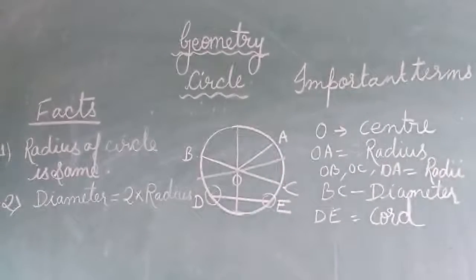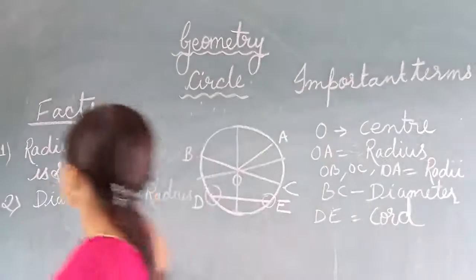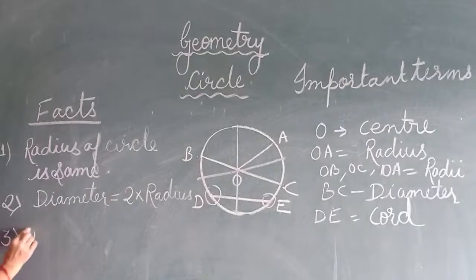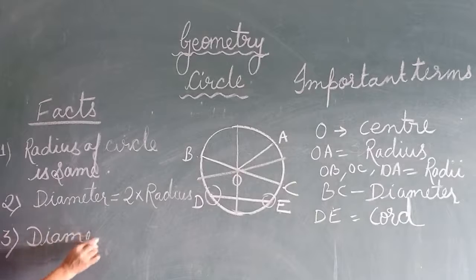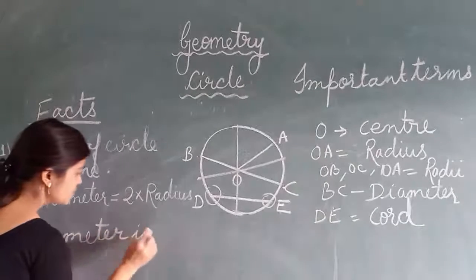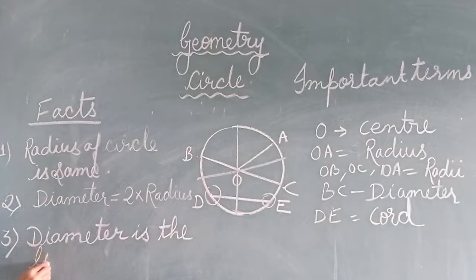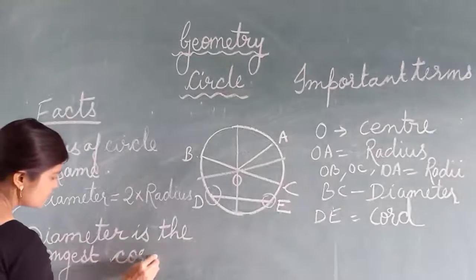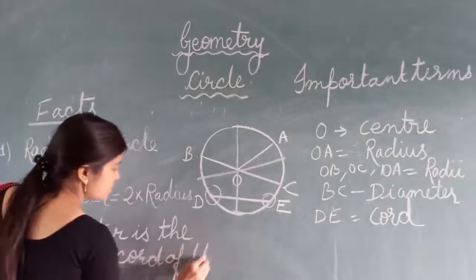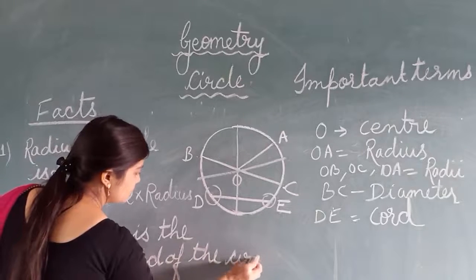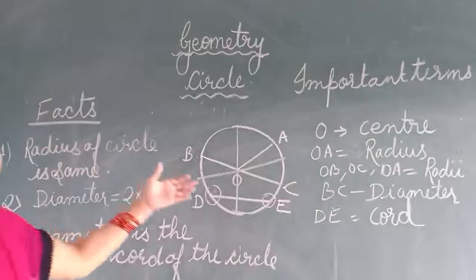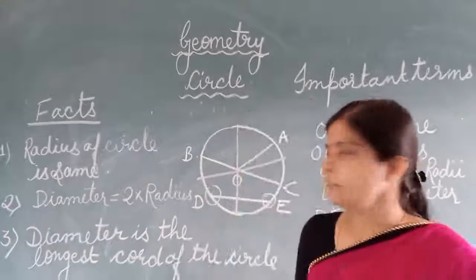Diameter is the longest chord of the circle, because diameter is also a chord of the circle that is passing through the center. So it is the longest chord.